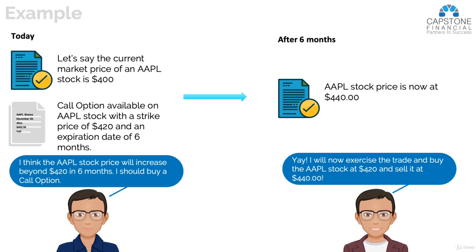But I do think it's important to reiterate that if Apple stock was at $440 prior to expiration, he would have been able to sell the option in the open market, and it would have allowed him to make more money because he would have had not only intrinsic value, but also time value. If you'd like to jot those down, intrinsic value and time value are going to be very important as we move on, but they are not really important right now.